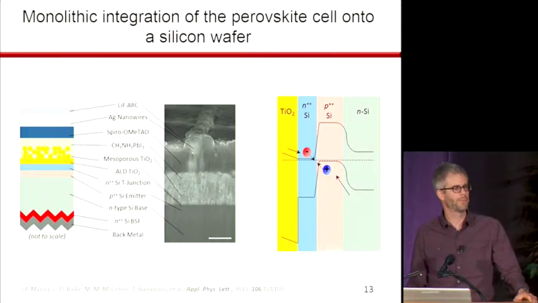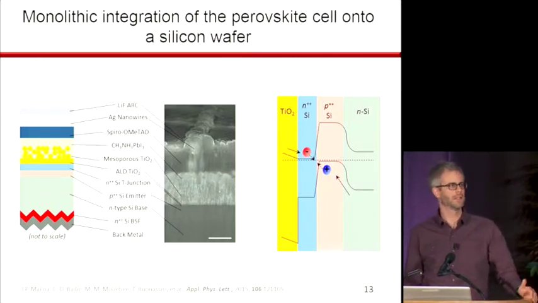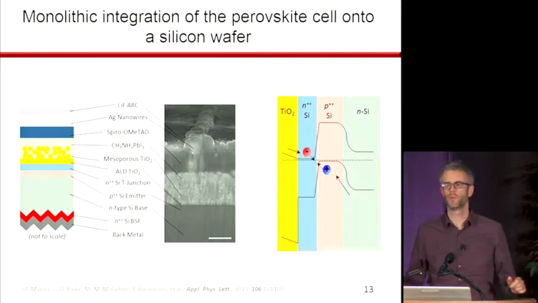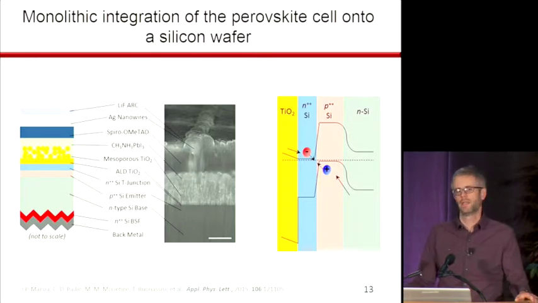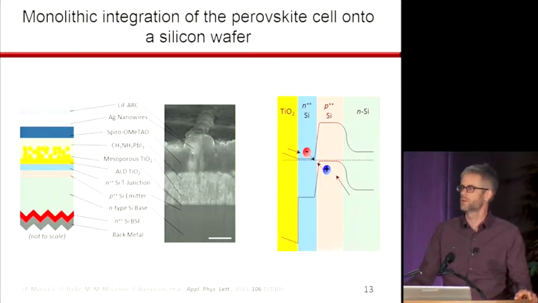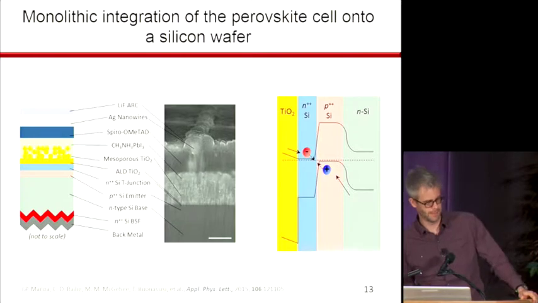And when you do that, you create this tunnel junction where electrons and holes can tunnel through the barrier and recombine in a good way that allows you to pass current from the perovskite cell into the silicon cell in a way that you add the voltages of the two devices.